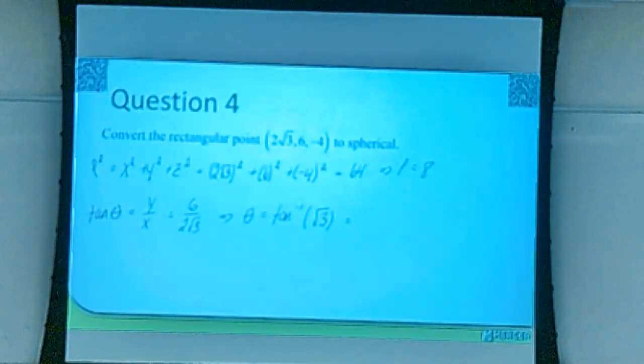What angle did you just give me? Root 3. Or sorry, pi over 3. Oh, that's the inverse tangent of root 3.